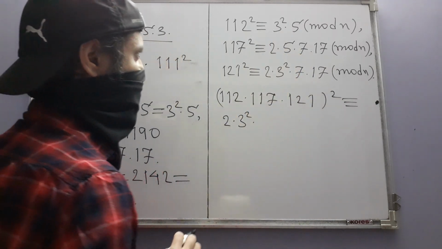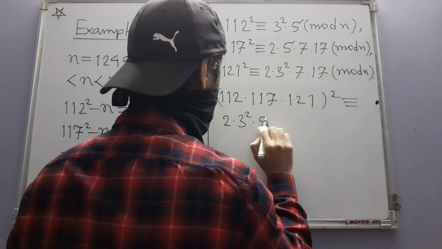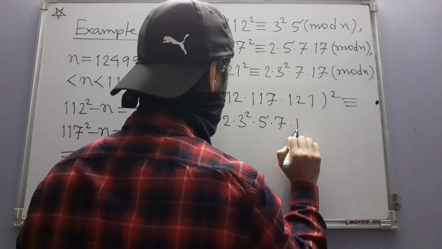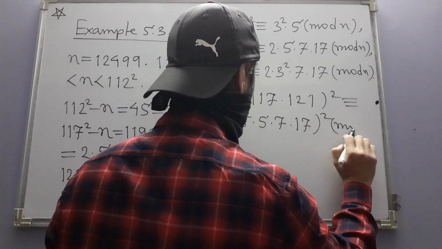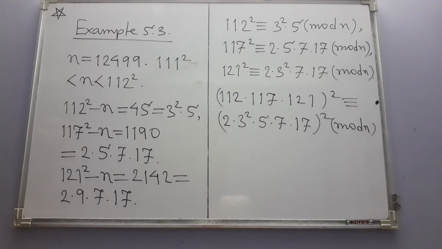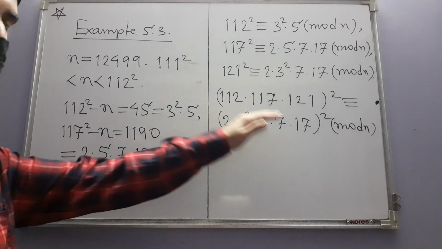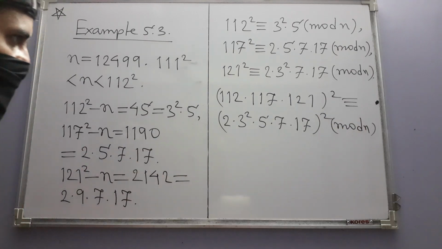So we write 3 to the fourth, 2 5's, 2 7's and 2 17's. So 5 square, 7 square, 17 square mod n. Okay, so that way we get gigantic numbers, but we do get x and y, such that x square is congruent to y square mod n.